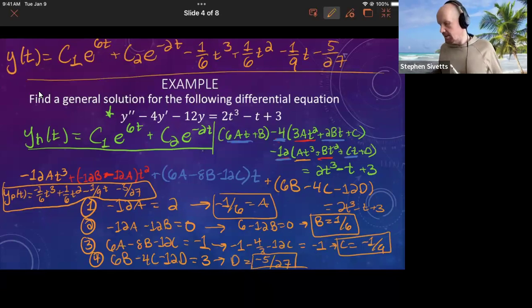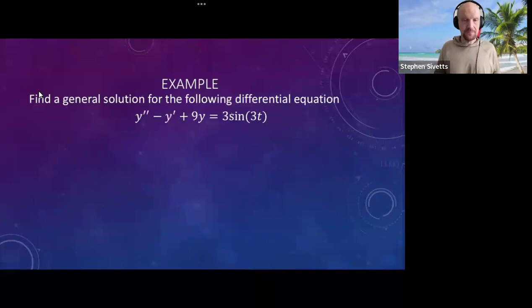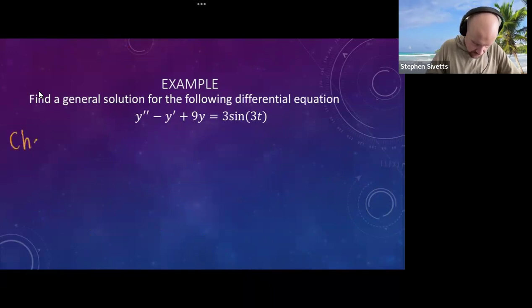All right. Let's look at another example. This one here. We want to figure out a general solution for this differential equation. If you want to try it, pause the video.